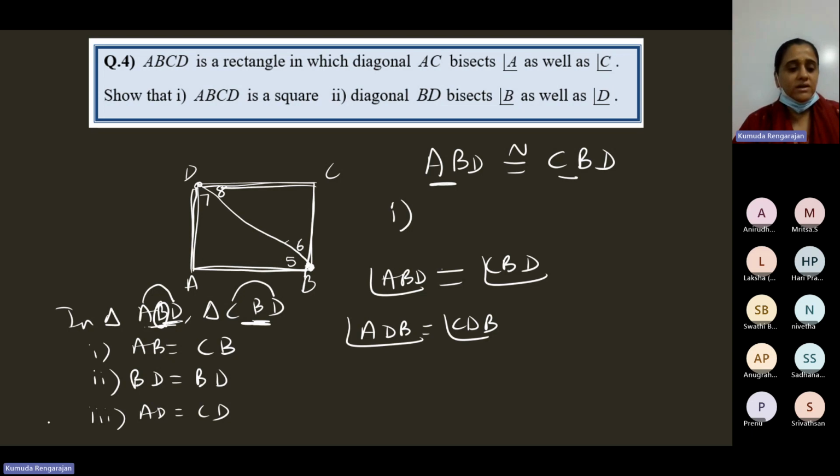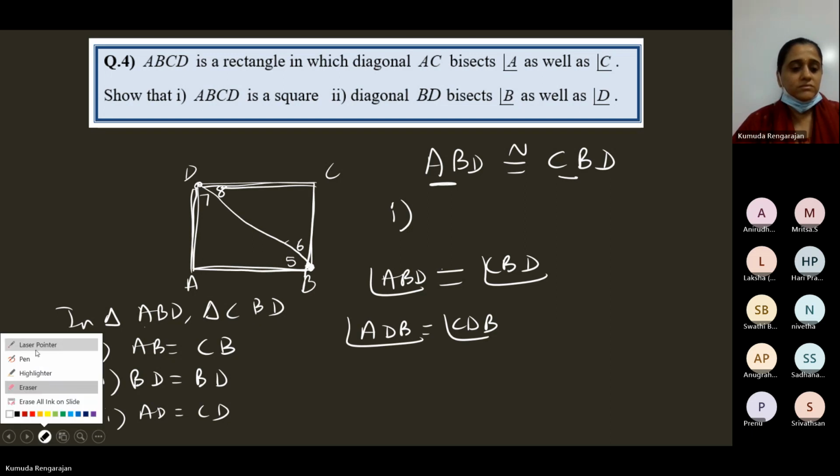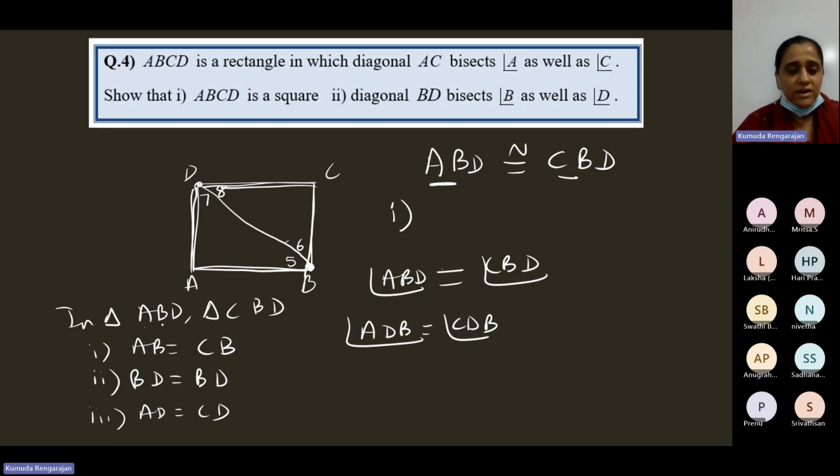In this triangle, angle B is equal to angle B of this triangle. That is, angle ABD is equal to angle CBD. Then this angle is equal to this angle, that is angle ADB, with the letter D in the middle, is equal to angle CDB.